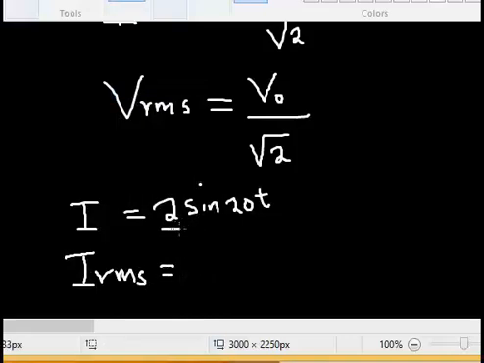Simple. Remember, this 2 represents the I0. So the answer is going to be this 2 divided by the square root of 2.